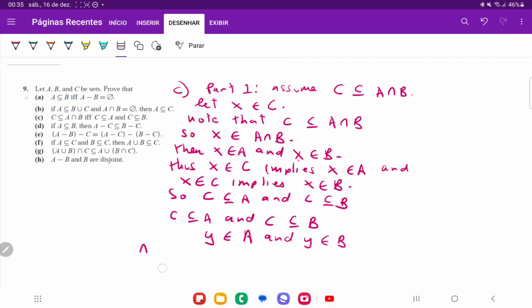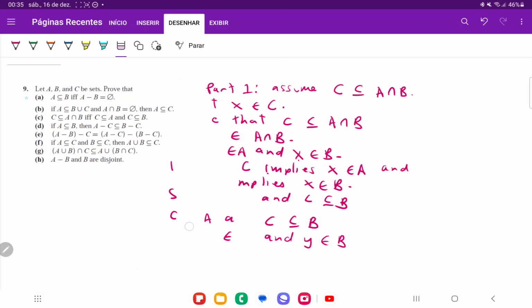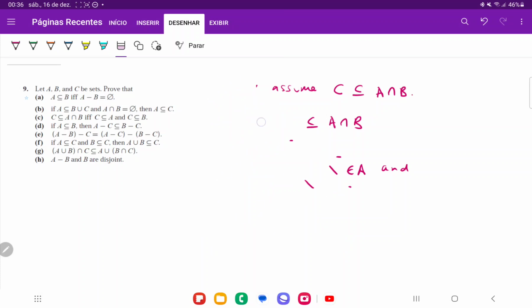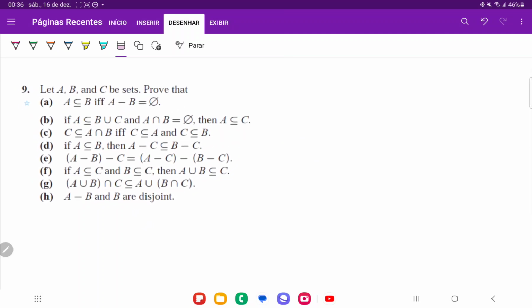So item D, we assume that A is a subset of B, and then show that it leads to A minus C being a subset of B minus C. So for item D, we're going to let A be a subset of B, right?